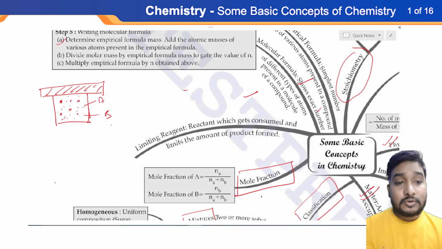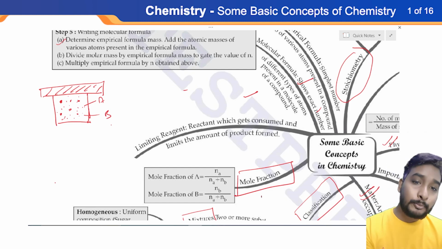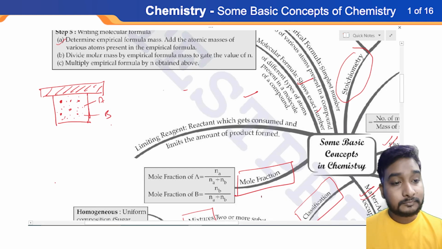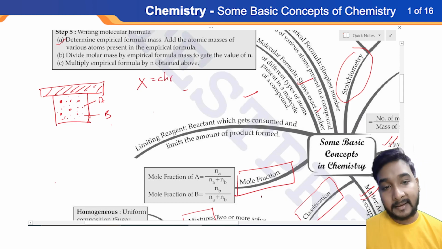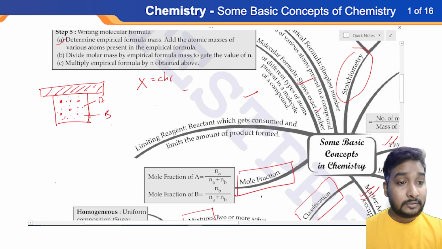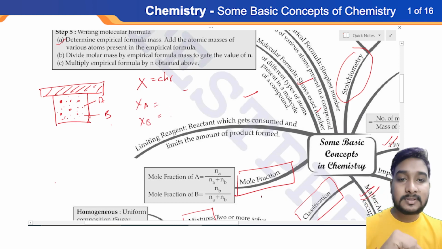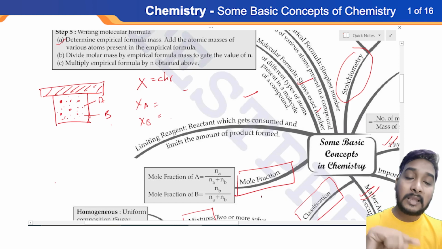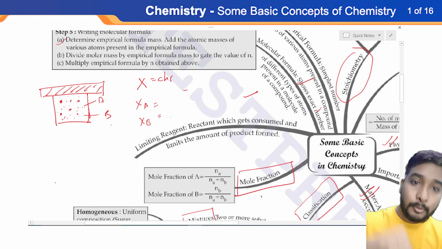So we can calculate the mole fraction of an individual component if you have a mixture of gases. The symbol of mole fraction is X, or sometimes chi. This is not chai, this is called chi. Mole fraction is defined as the amount of moles of a respective substance upon total moles.